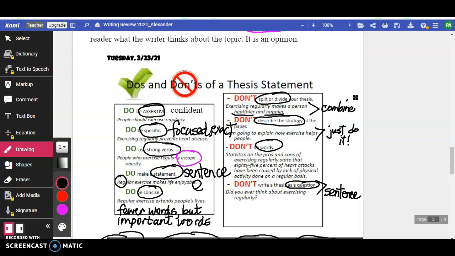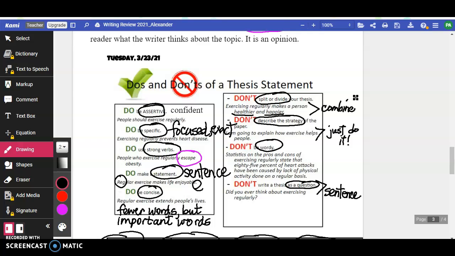There are several characteristics of a thesis statement that it's useful to understand and learn in preparation for the STAAR writing test. The first is that a thesis statement should be assertive, meaning that you write it in a way that sounds very confident or bold. The example is, people should exercise regularly.